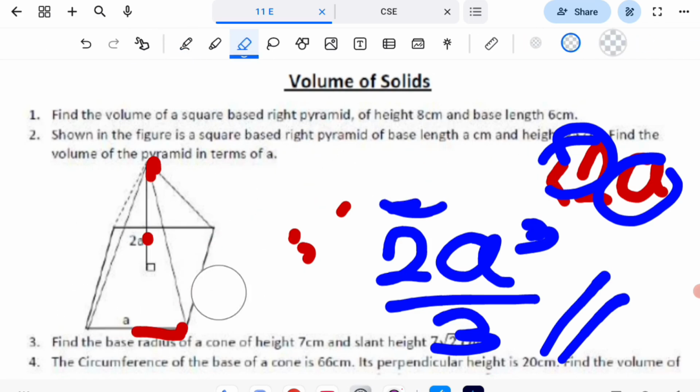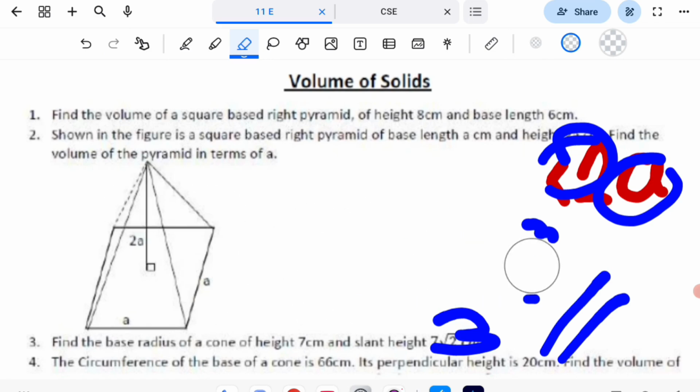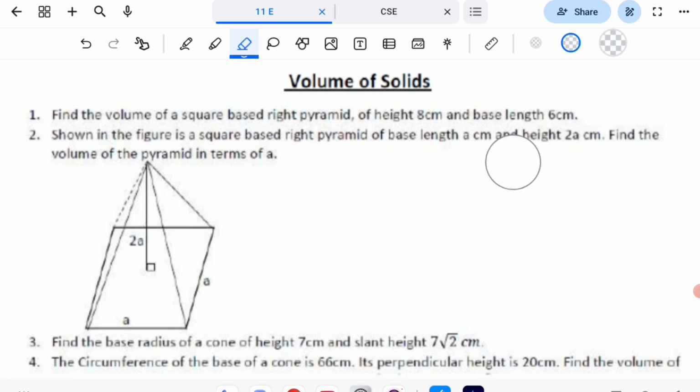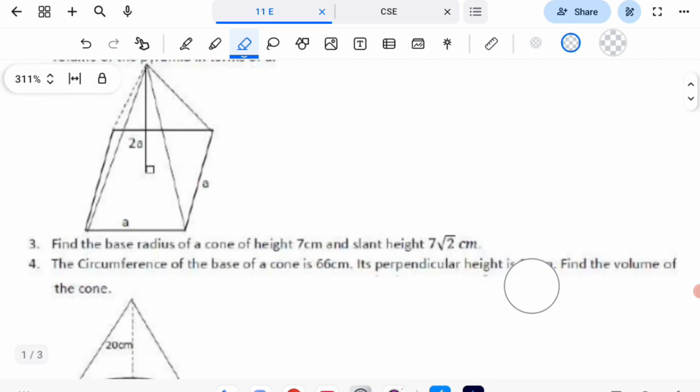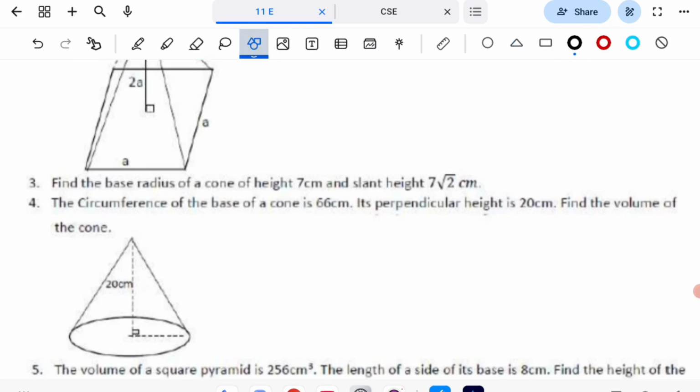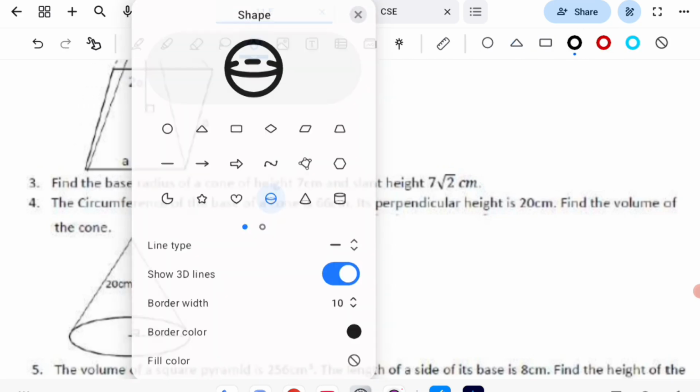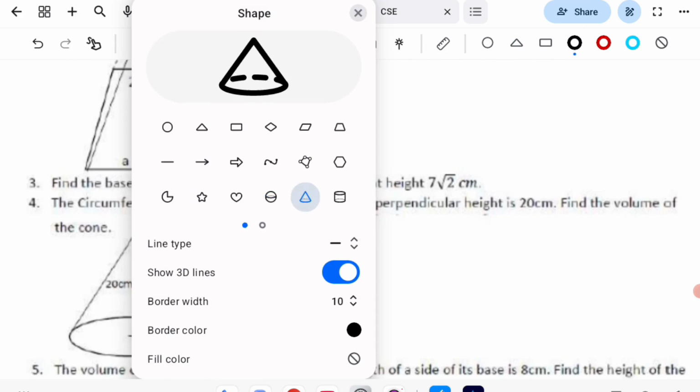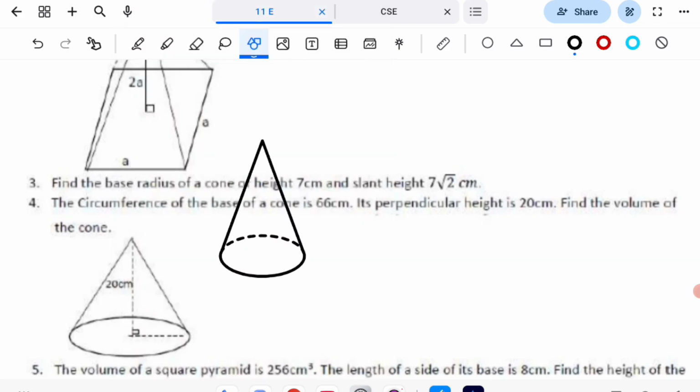Then question number 3. Find the base radius of a cone of height 7 centimeters and slant height 7 root 2. We can consider a cone like this.